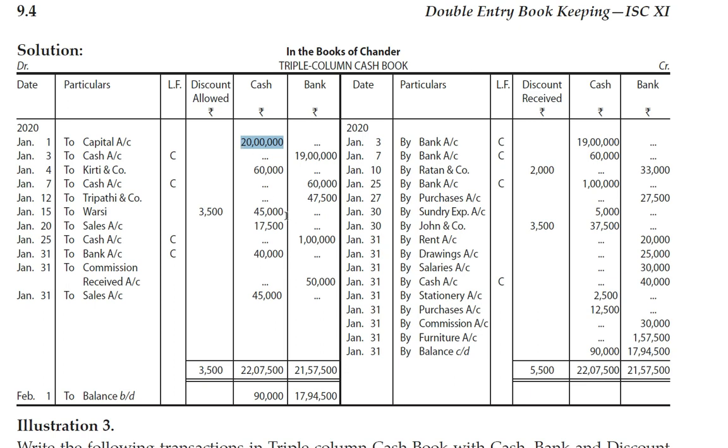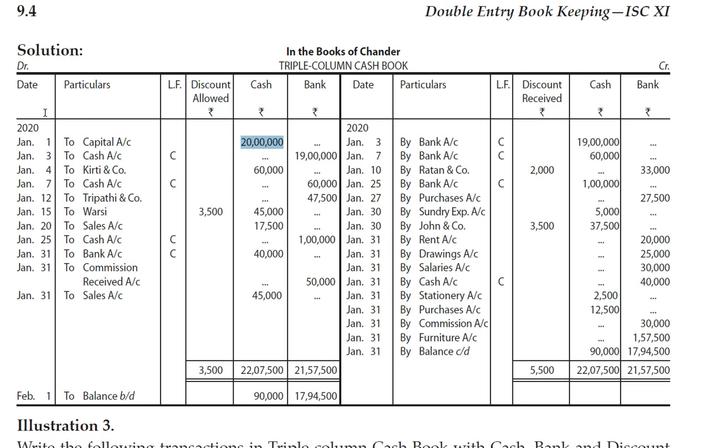But I want to teach the cash book in a different way. There are two sides, debit side, that is the left hand side, credit side, that is the right side. Even if you forget the golden rule, then also it is possible to do the cash book. Just think that the debit side, the left hand side, is your receipt side, and the right hand side, the credit side, is your payment side.